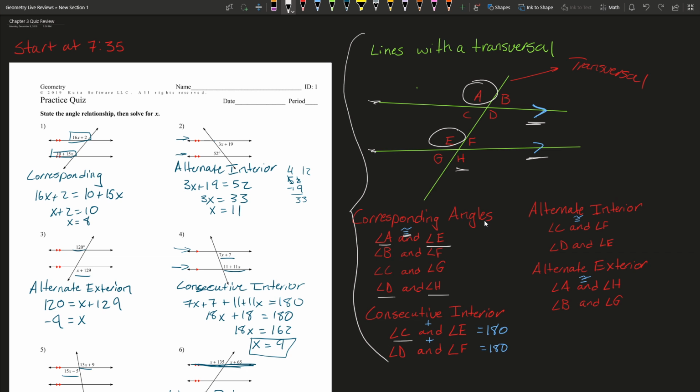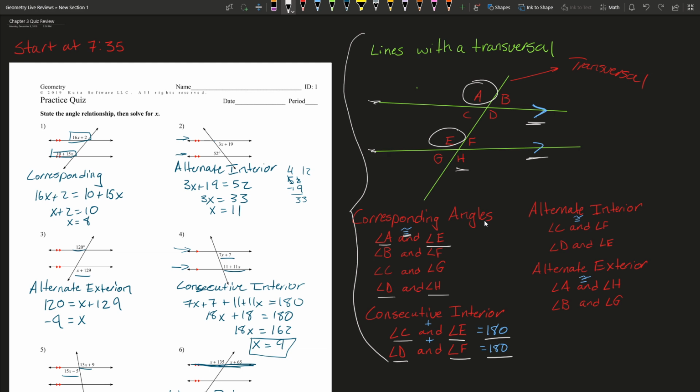So angle C plus angle E will equal 180. Angle D plus angle F will equal 180. And then the same thing is true. If we don't know that those lines are parallel, but we do know that the sum of those two things is 180, then they're parallel.